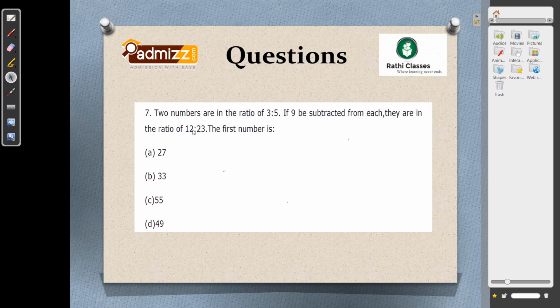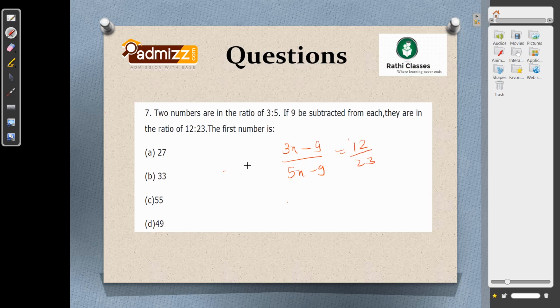Now what is said, if 9 is subtracted from each, that means imagine the numbers are 3x and 5x. If you subtract 9, the expression would be (3x minus 9) divided by (5x minus 9). The ratio would be 12 is to 23.